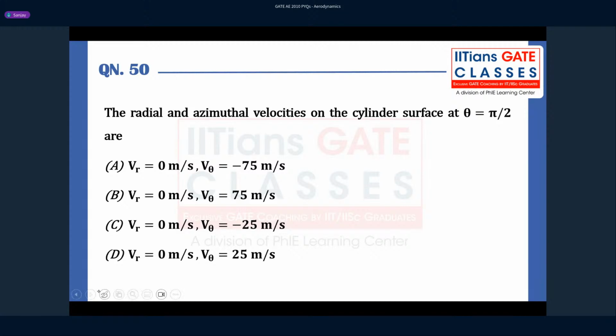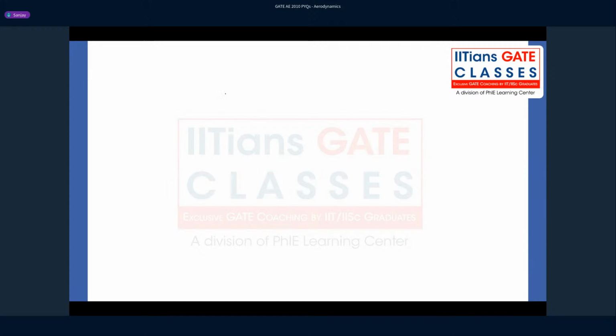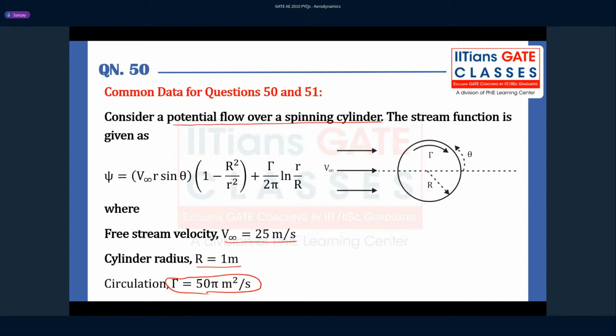So it is fairly simple, right? When you have a cylinder which is spinning, you give it a circulation, which is gamma. You can write the stream function, right? So what is the stream function here? They have given you the stream function, right?